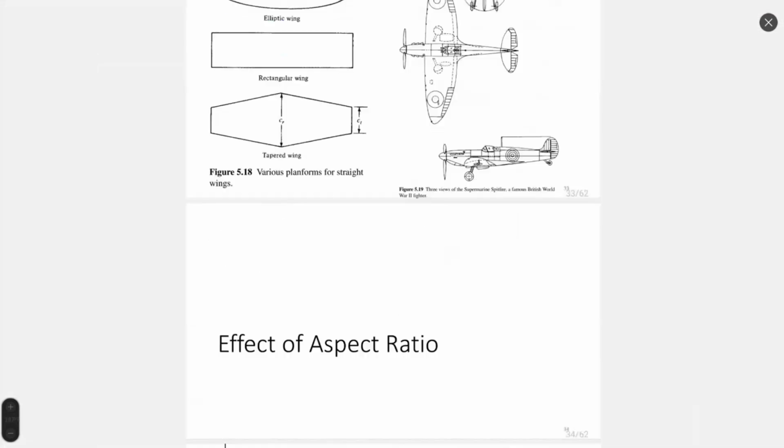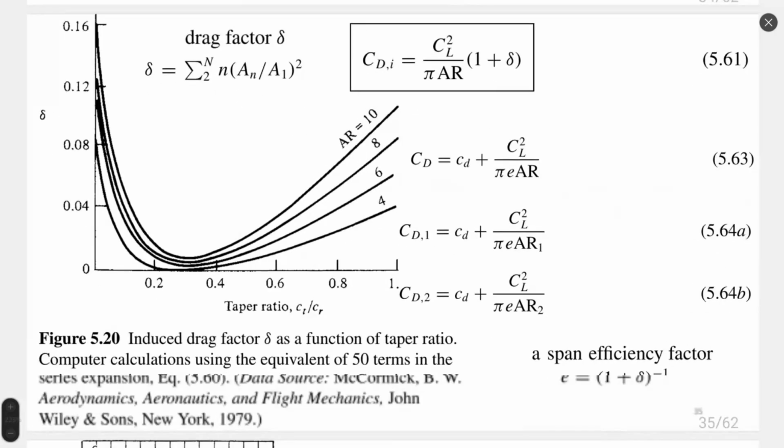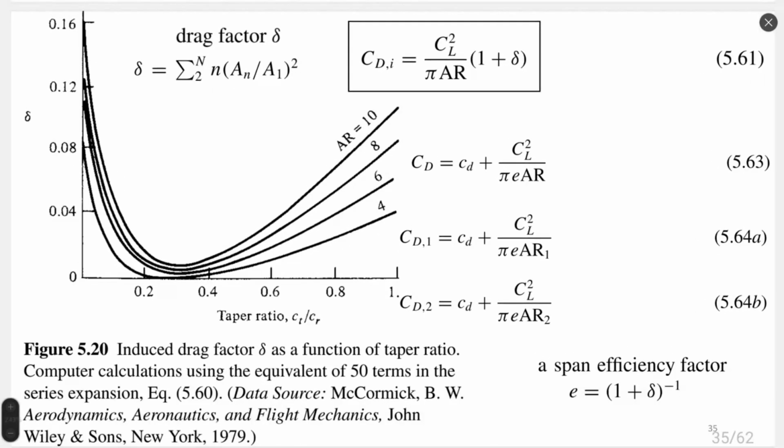Okay, let me skip, and I will go back to those slides very soon. I just would like to show you this drag factor value for different aspect ratios and different taper ratios. Delta can be a small value, but it is a positive value between 0 and 0.16.